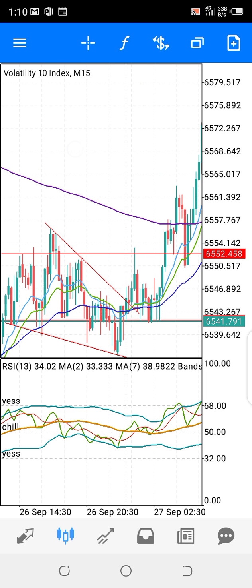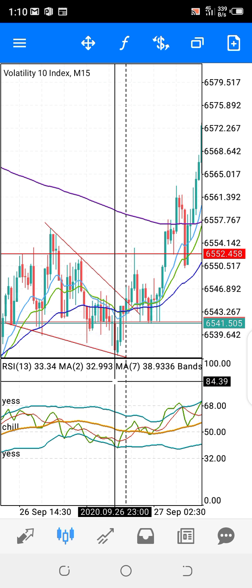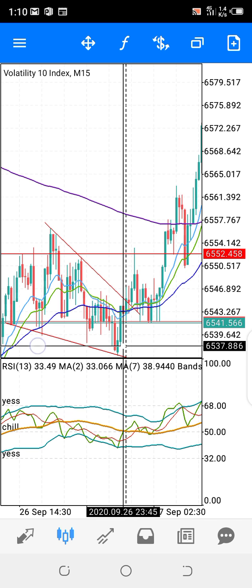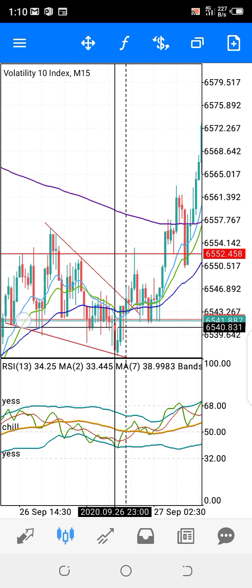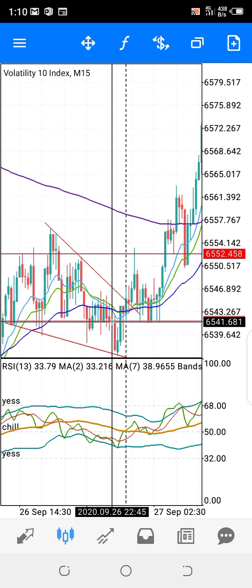The last, in this case, is a bullish. So the last candlestick before this, the second leg. So the second leg is this one. So before the low of this second leg, the last bullish candlestick is that one.